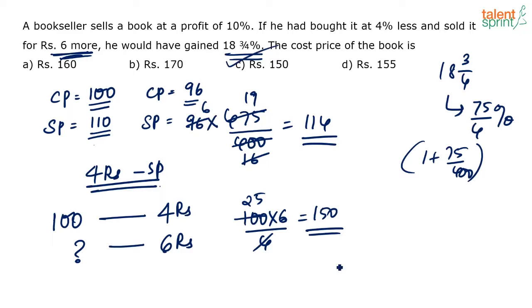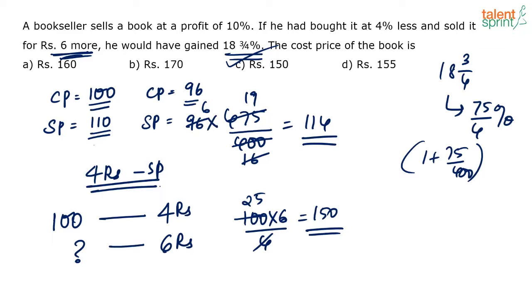What I tried to do was, either you can take the cost price to be x, selling price to be 1.1x, then you say that the cost price is 0.96x and the selling price is 0.96x into this 475 by 400 and solve. Now, instead of doing that, to make the calculations a bit easier, I assumed that if the cost price is 100 and the same conditions happen, what would be the difference in the selling price?